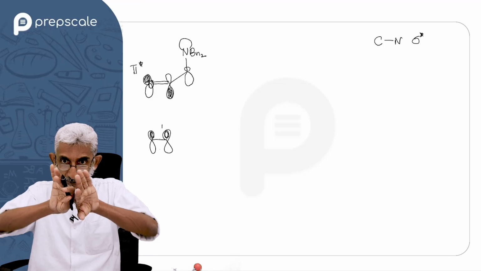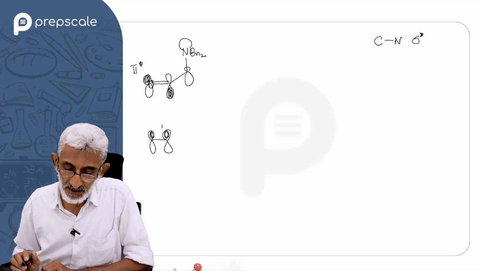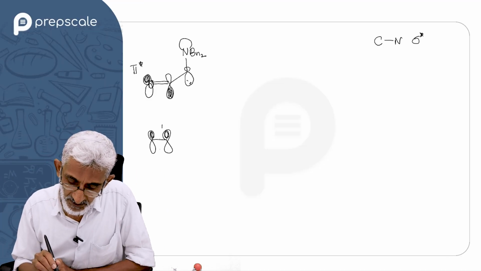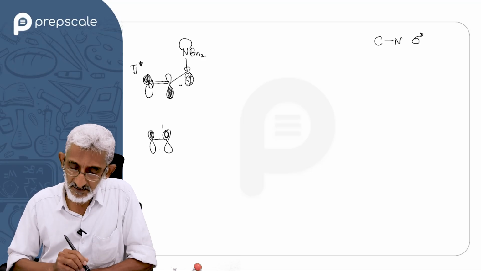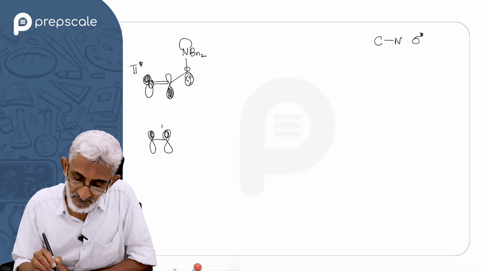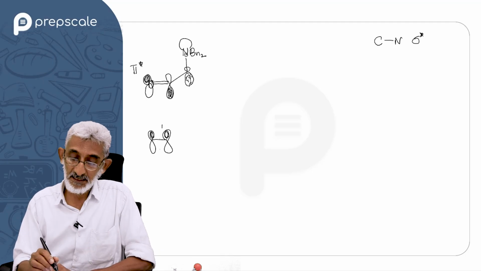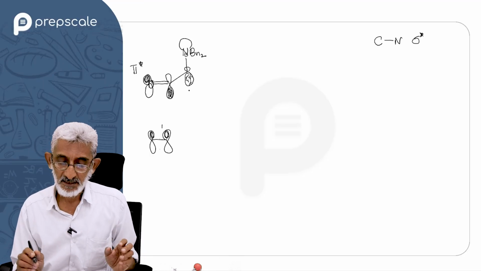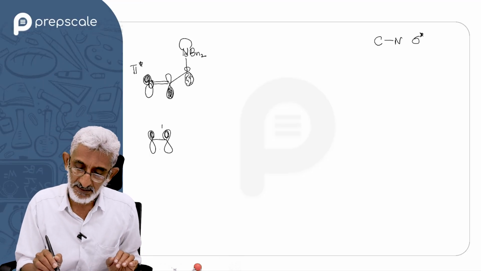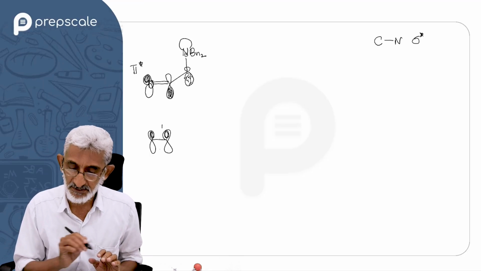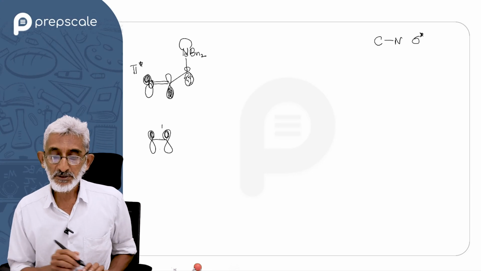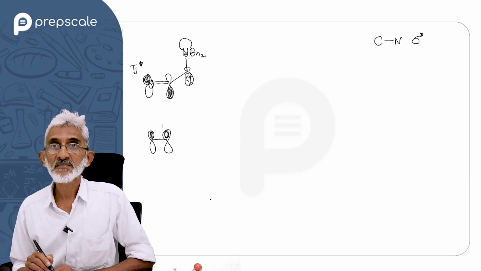That is why I have drawn it on the opposite side. Now this is the sigma star, and this one is again sigma star. You know it is antibonding. So if electron density is there, it can enter into this. So the interaction between these two.